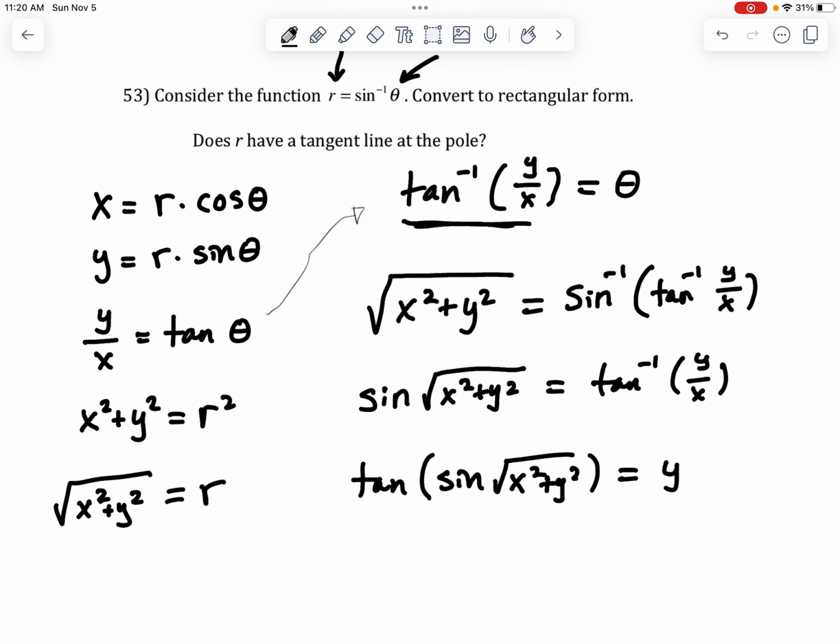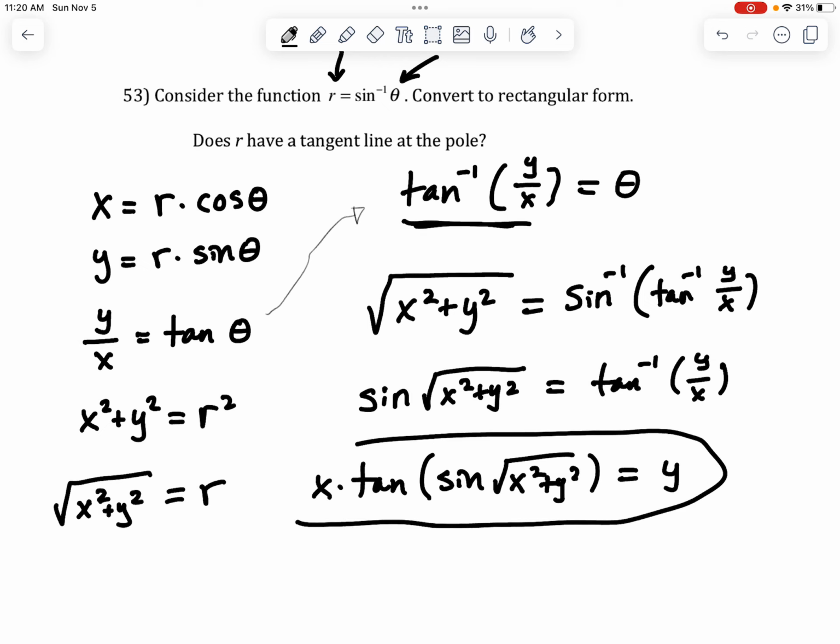And then to simplify, I would just multiply both sides by x. And there's the function. So in polar form, it's just this nice little r equals sine inverse of theta. In rectangular form, to get the same thing, you'd get to use all of this stuff.